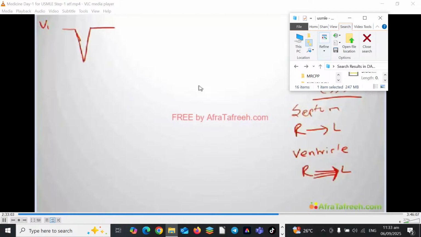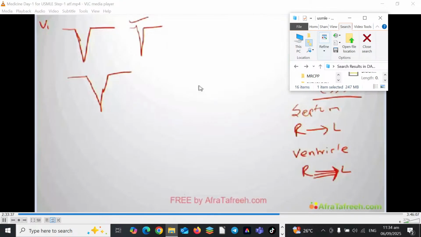Mostly it will have no R wave, or it will have a very small blip of an R wave and a very deep S wave. This is the pattern of V1. Sometimes it may present with something like this, a notch. But for all practical purposes, you have to remember this pattern: a small blip followed by a very deep S wave.